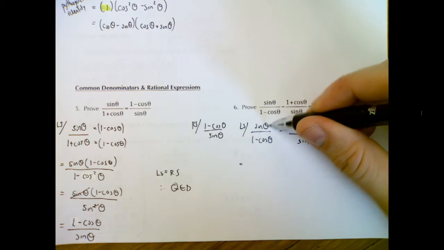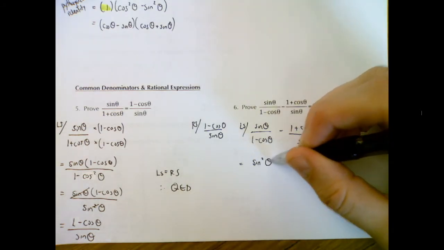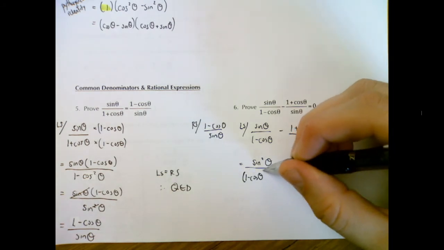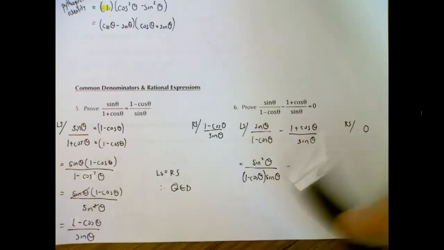So the first one, we're going to multiply top and bottom by sine. So we would get sine squared theta over 1 minus cos theta sine theta. We've multiplied top and bottom by sine theta. And for our other fraction, we're going to multiply top and bottom by 1 minus cos theta.